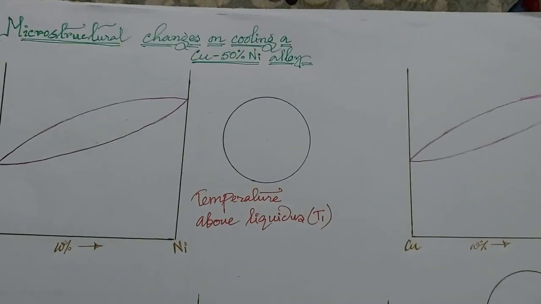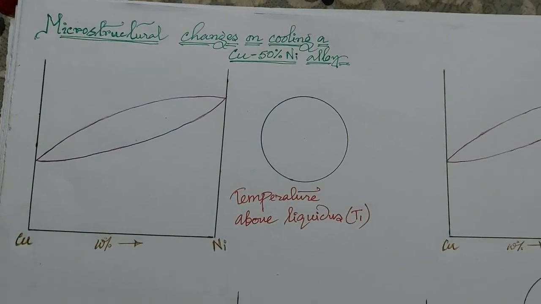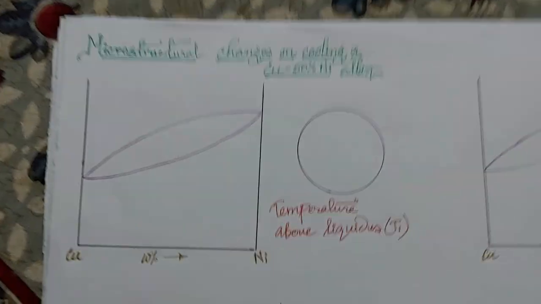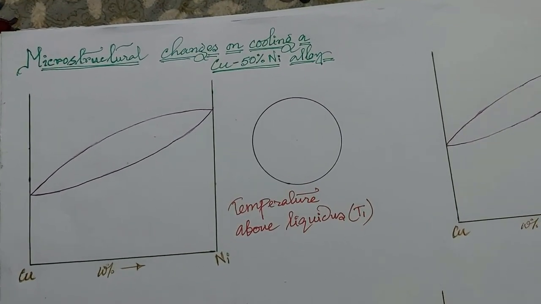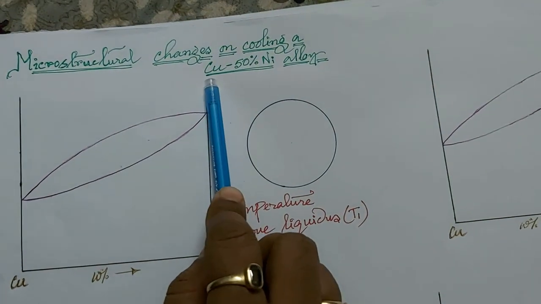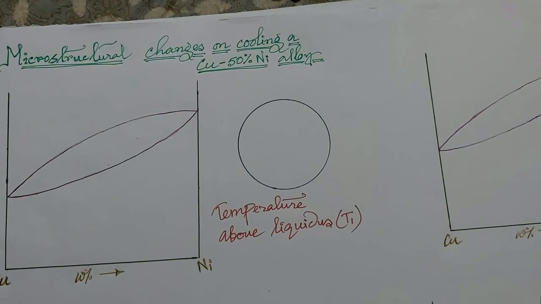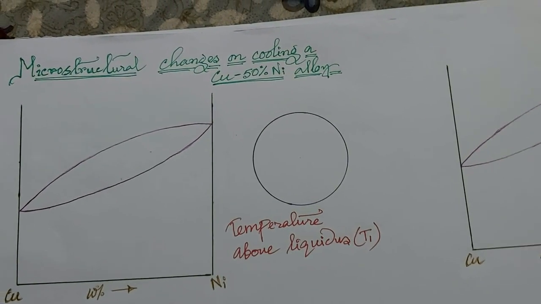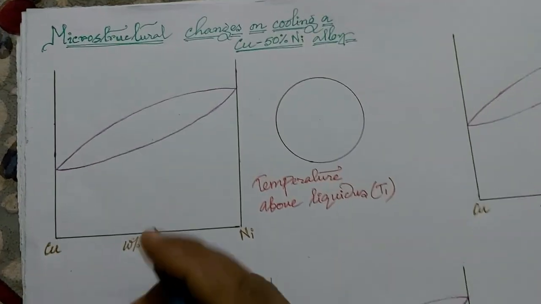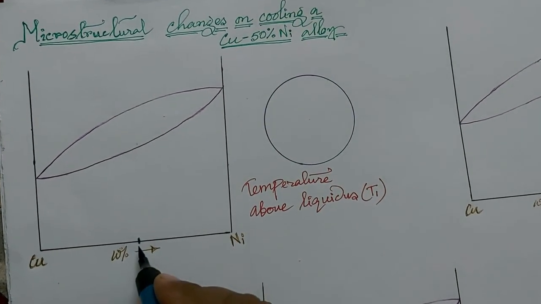Now we will vary the temperature and fix the composition. Fixed composition means 50% of copper and 50% of nickel, let us say this point.